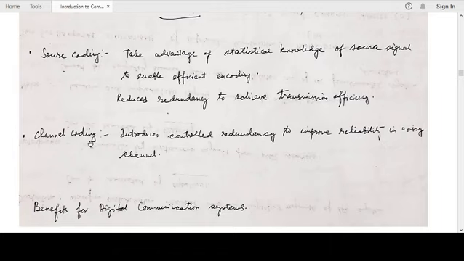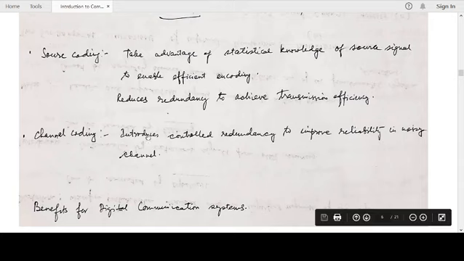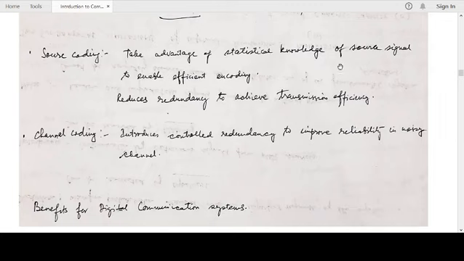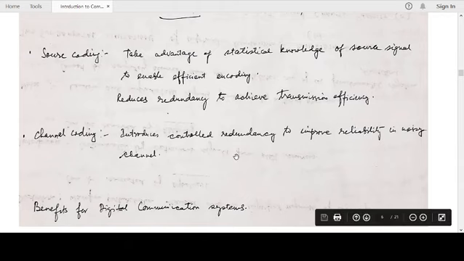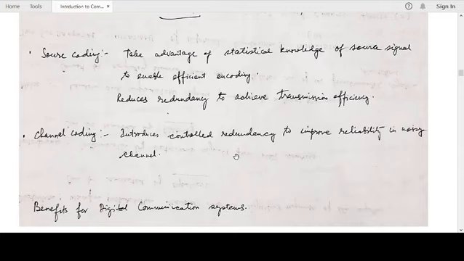Channel coding actually introduces controlled redundancy to improve reliability in a noisy channel. So source coding is related to the knowledge of the source signal. Channel coding is related to the knowledge of the channel. The channel is noisy. We can reduce the effect of this noisy channel by introducing redundancy.